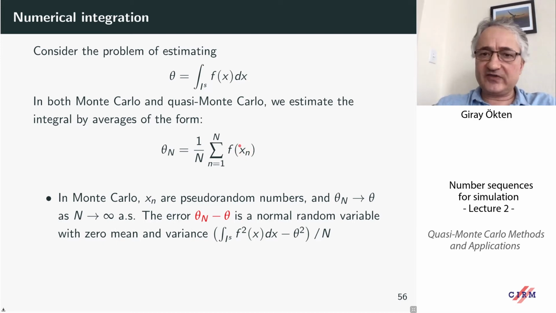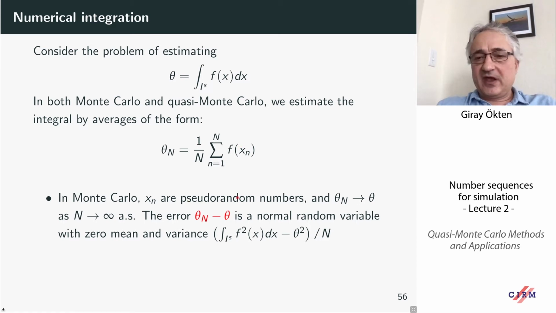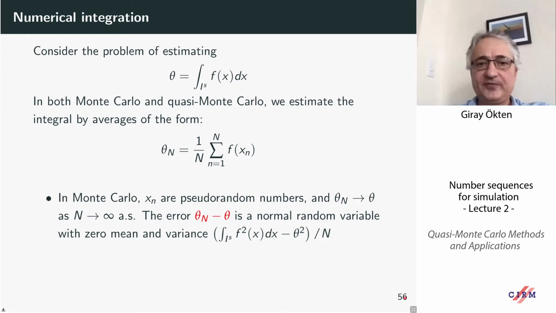In Monte Carlo, these xn's are coming from a pseudorandom sequence, and in that case, theta n, the estimate of the integral, converges to theta as n goes to infinity almost surely. This is known as the strong law of large numbers. And then the error, theta n minus theta, is a normal random variable with 0 mean and this variance. Okay, so once again, these results follow from probability theory.